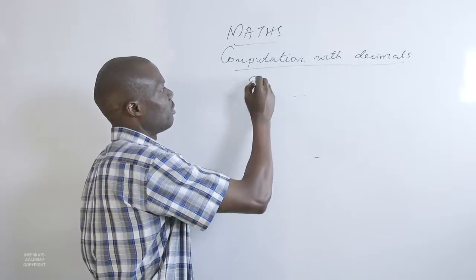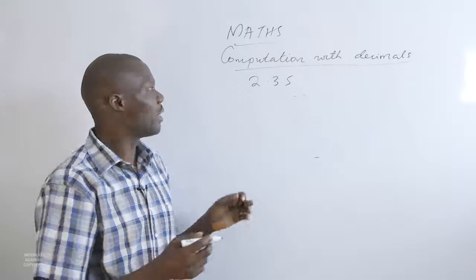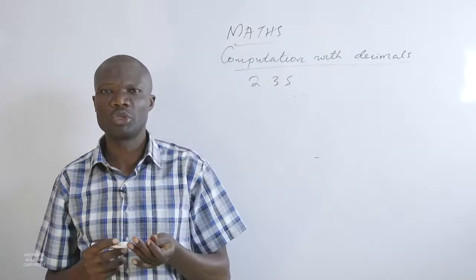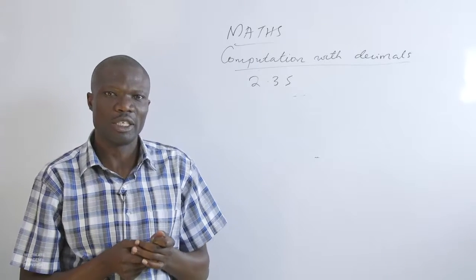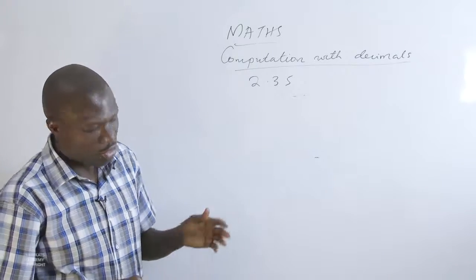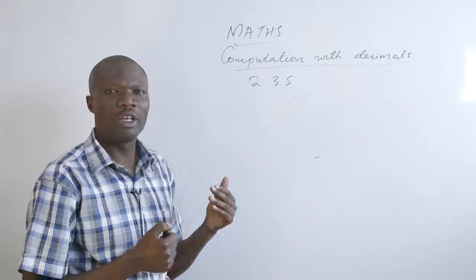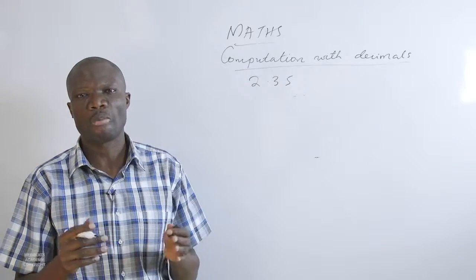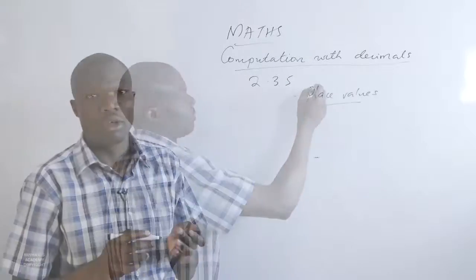If I have a number like 2.35, this is a whole number part, and the 0.35 is the decimal part. So, to add and subtract numbers with decimals, it is important that we observe what we learned earlier about the place values.